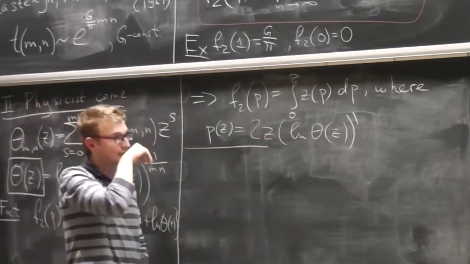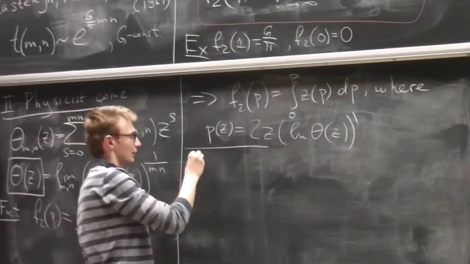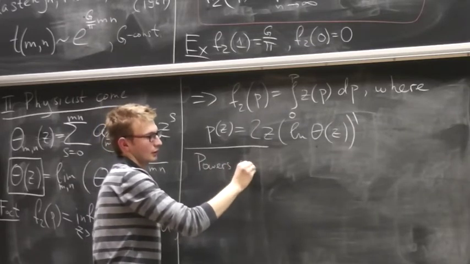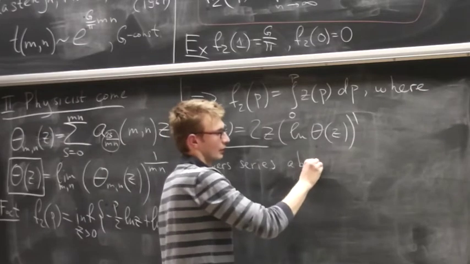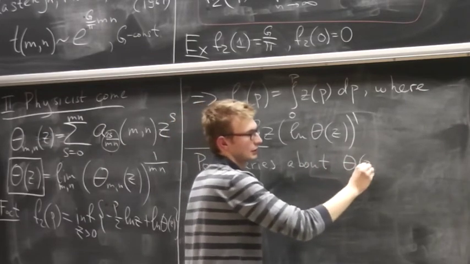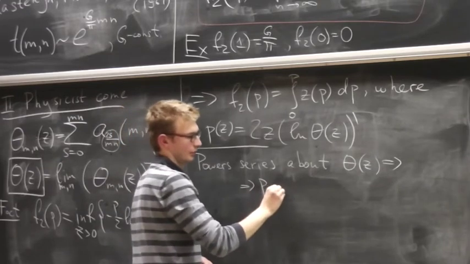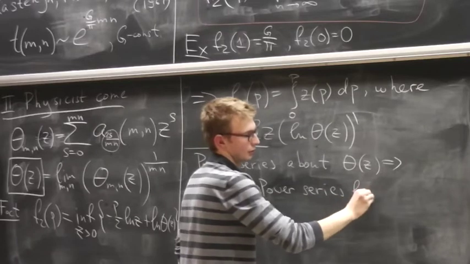But the result for us, as for people who want to compute that quantity, is that a power series, or actually any other information about theta, implies the power series of f of p.